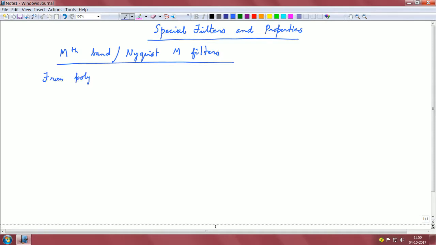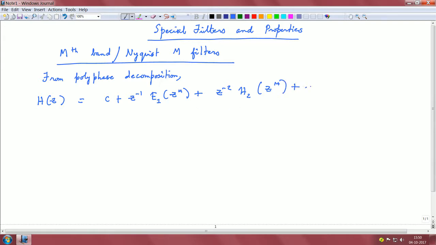From polyphase decomposition, we can write the filter h of z as some constant c plus a delay with the first polyphase component, z power minus 2 E2 of z power M, and so on, M minus 1 units of delay with E M minus 1.